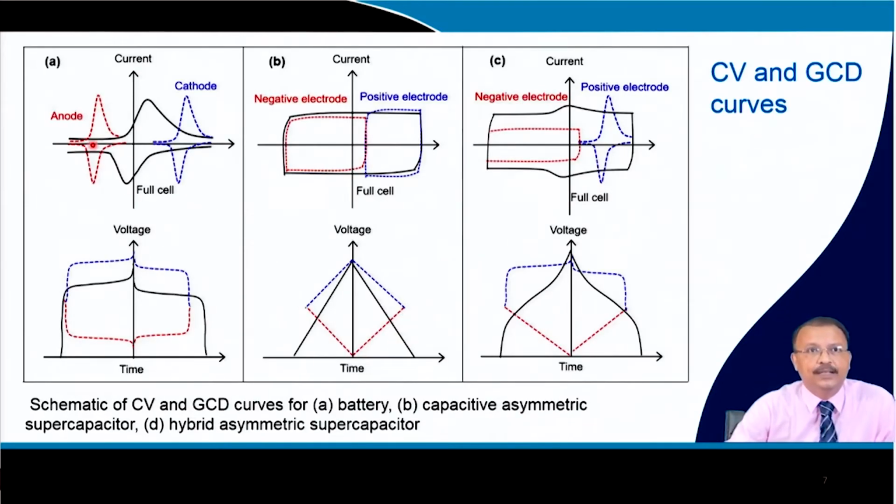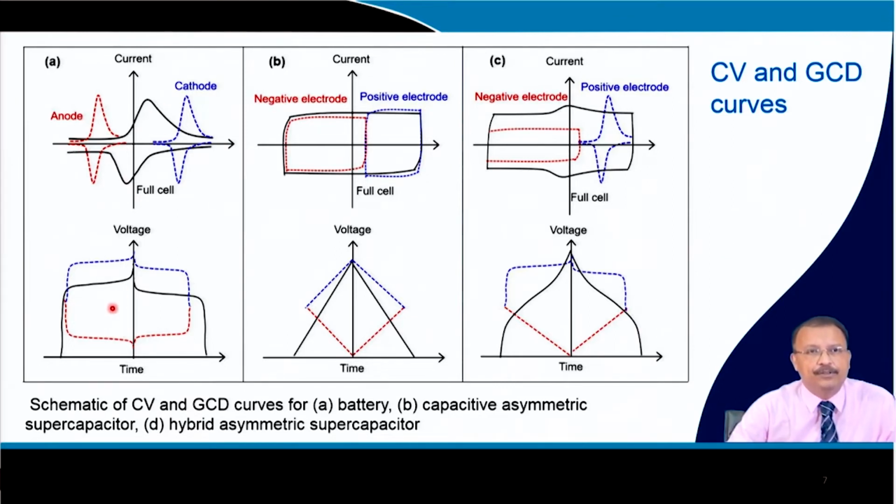Now, if you look at the cyclic voltammetry curve and the battery curve, you have seen it in your earlier lectures. So, this is your cathode part and this is your anode part, and from this voltage range you get the full cell characteristics for the CV, and these are the respective half cells.